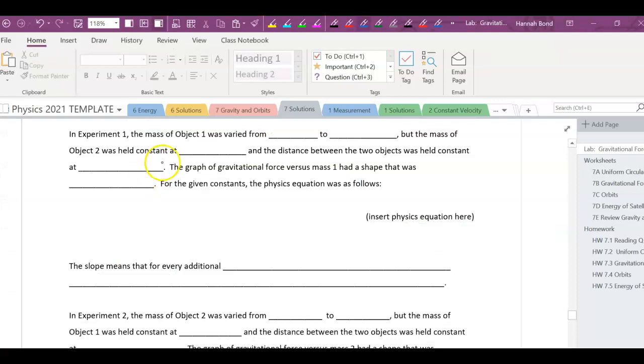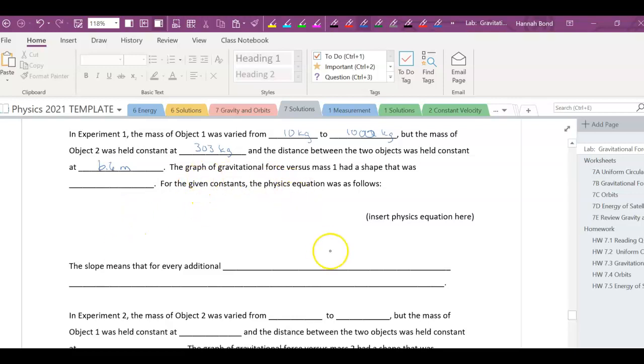And so I'll say the mass of object 1 was varied from 10 kilograms to 1,000 kilograms, but the mass of object 2 was held constant at 303 kilograms, and the distance between the two objects was held constant at 6.6 meters. Now remember, your constants should be different than mine, but I'm just recording what mine were.